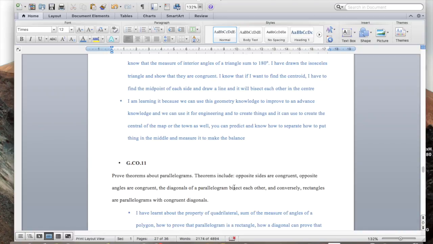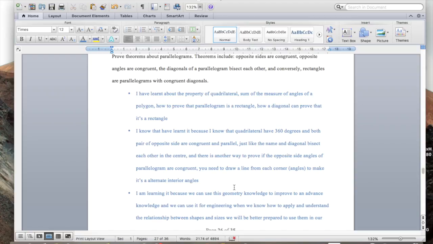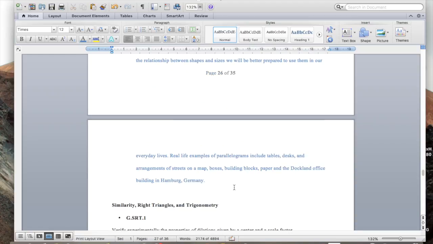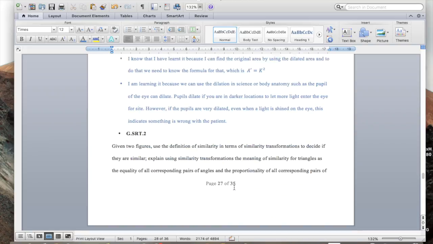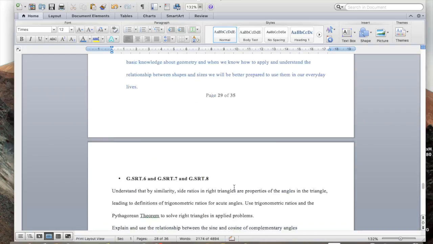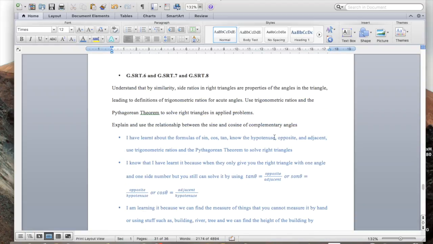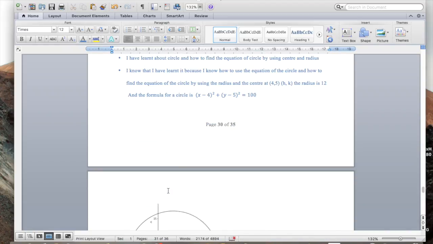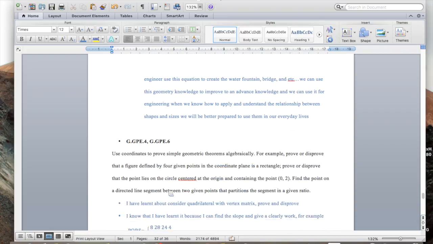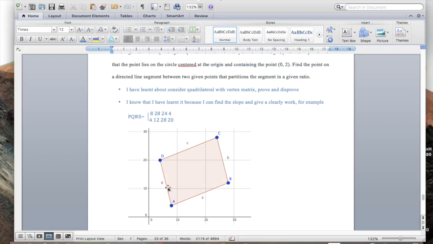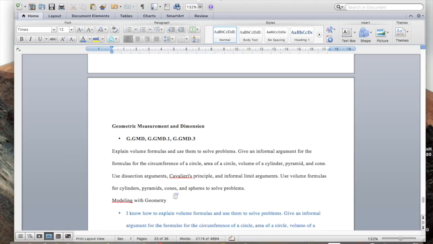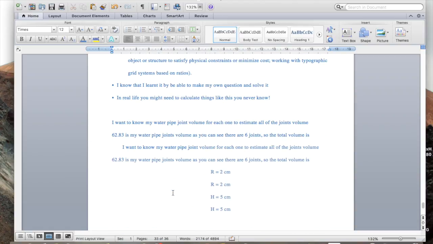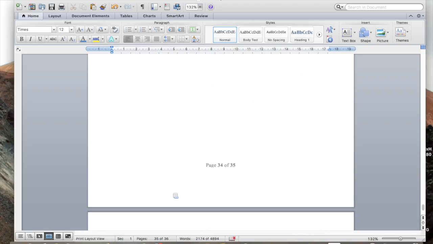And you can create a map and know the center point and everything. Yeah, and this is all of the standards that I have learned in this quarter 3, and I have an example of each to help you understand what I have learned.